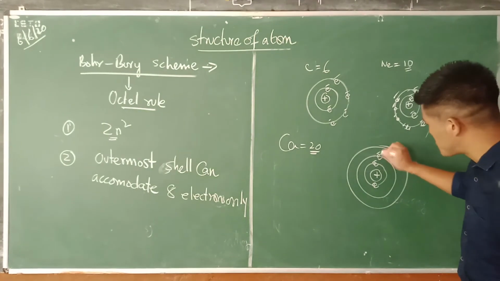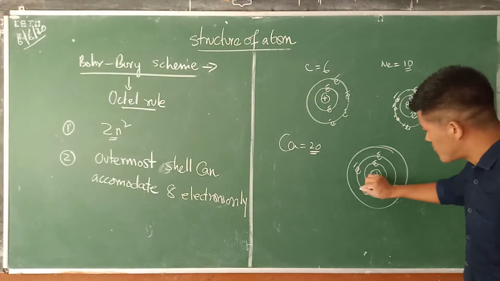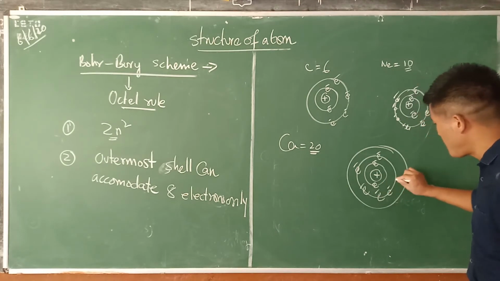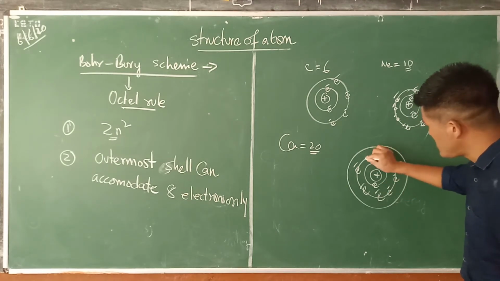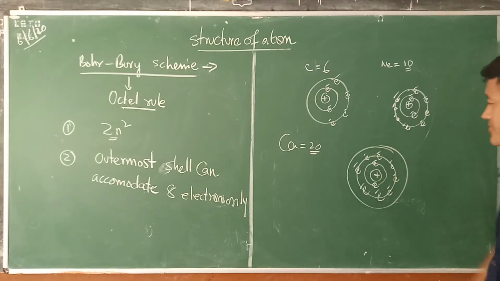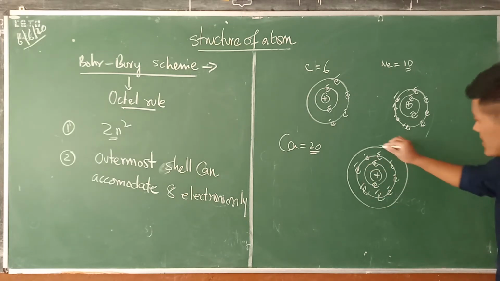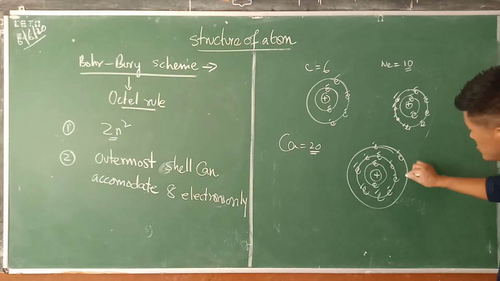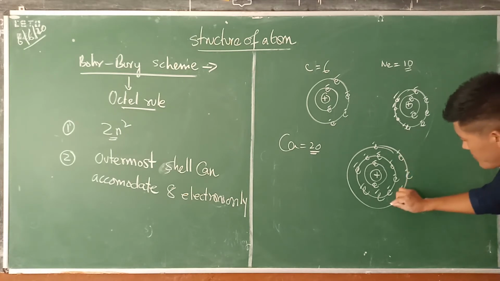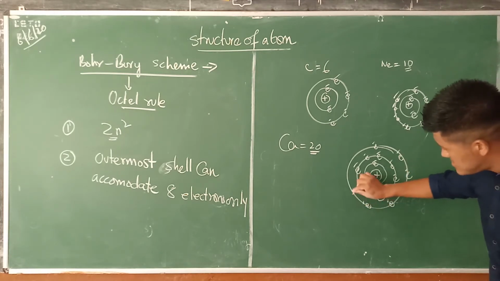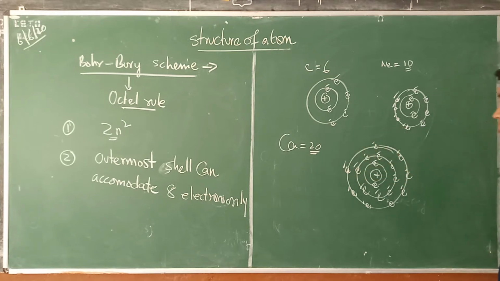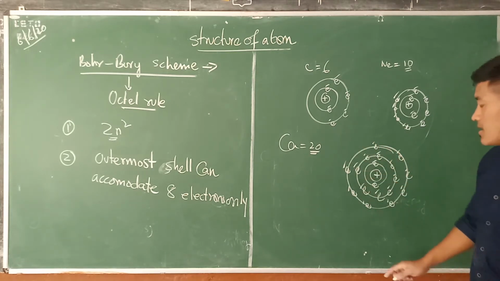Second shell, 8, right? 1, 2, 3, 4, 5, 6, 7 and 8. Now 8 plus 2 is 10. Again you are going to write 1, 2, 3, 4, 5, 6, 7, 8.